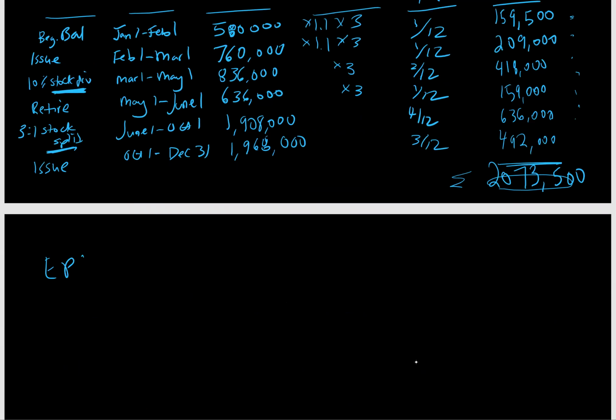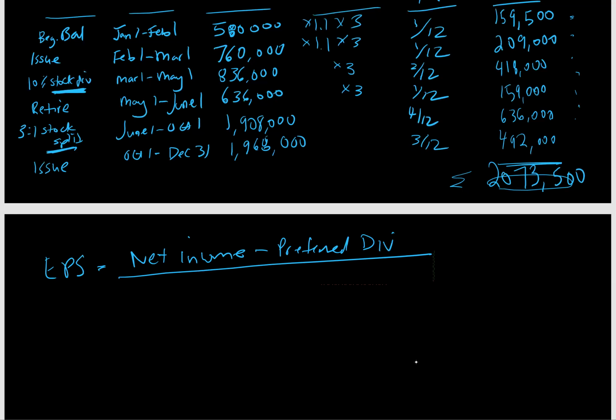Earnings per share equals net income minus preferred dividends divided by the weighted average common shares outstanding. So in this situation, we know that this net income was 2.5 million. And the preferred share dividends are 0 because they're non-cumulative and they were not declared.